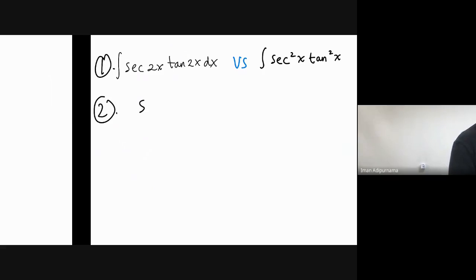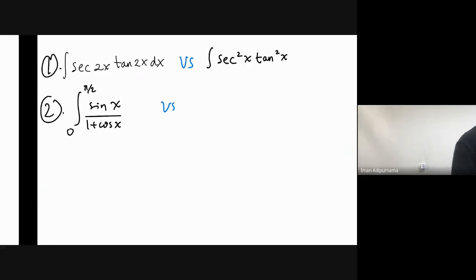And number 2, integration from 0 to pi over 2 sine x over 1 plus cos x. Sine x and 1 plus cos squared x.